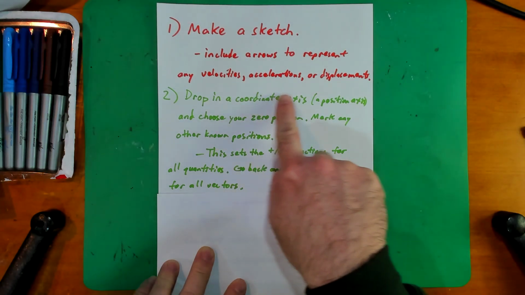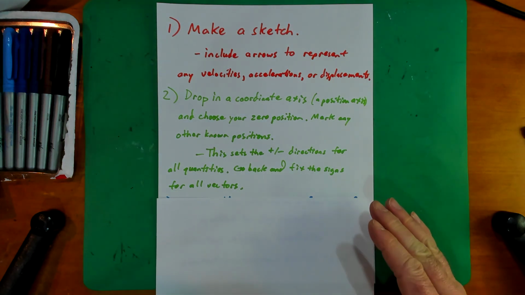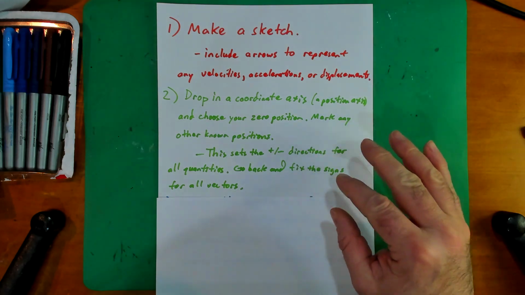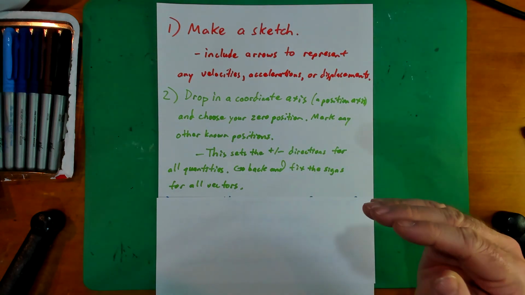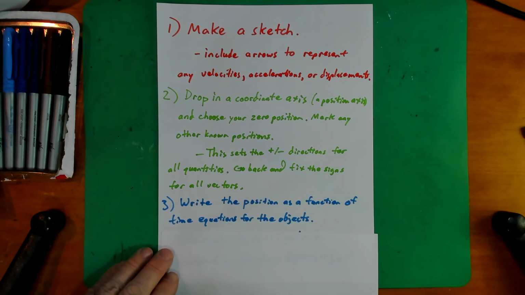I have to make sure all those values are right. Once I've done that, I have the information I need to write my position as a function of time equations for the two objects.